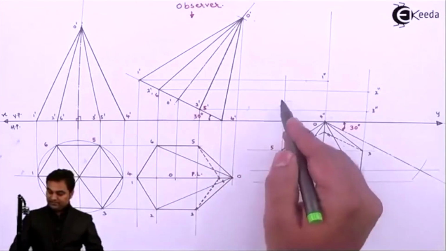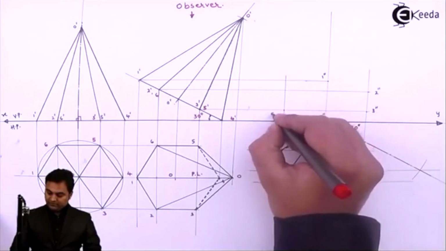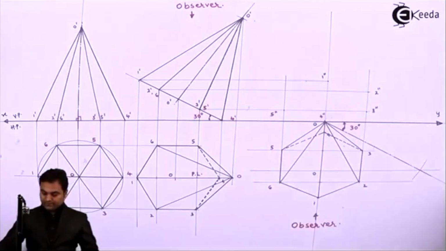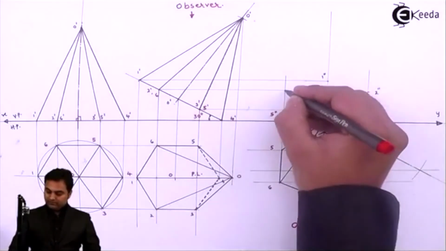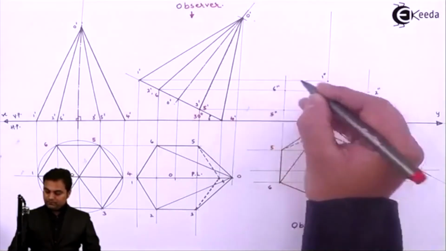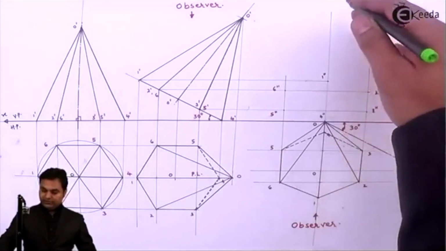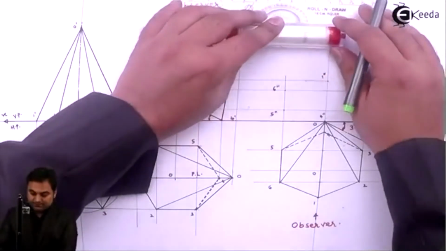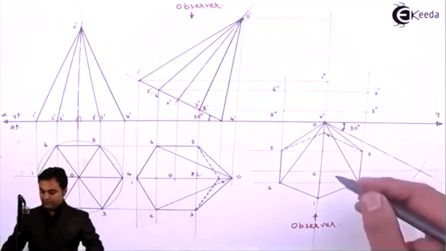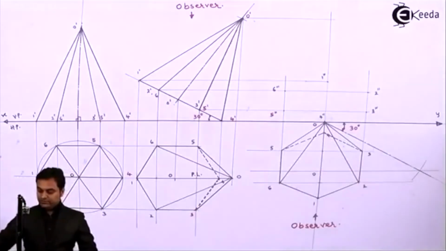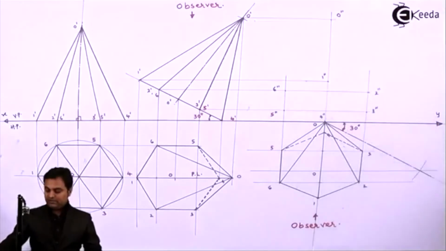Here 5 dash and 5 wherever they intersect, that will give me 5 double dash. Next, point 6 and 6 dash, that will give me 6 double dash. Next, apex, it is on this vertical line, and here we have O dash. So wherever point O and O dash they intersect, that gives me O double dash.